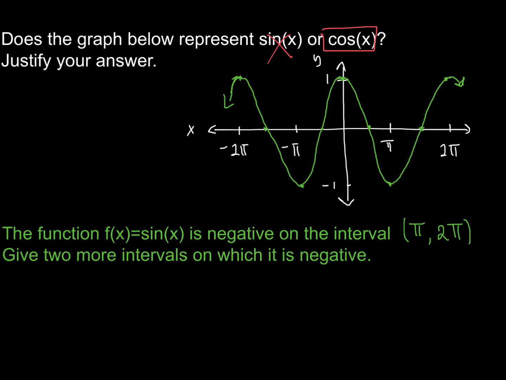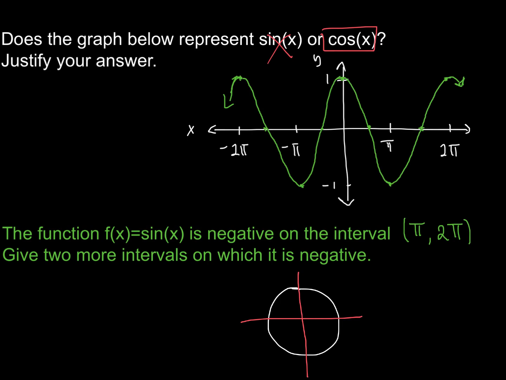Secondly here, we have this function sine of x, and we're told it's negative on the interval from pi to 2 pi. And so what we want to do is give 2 more intervals on which it's negative. Just thinking about your unit circle, and I'll quickly sketch it out here, think about where sine is going to be positive and where it is going to be negative.